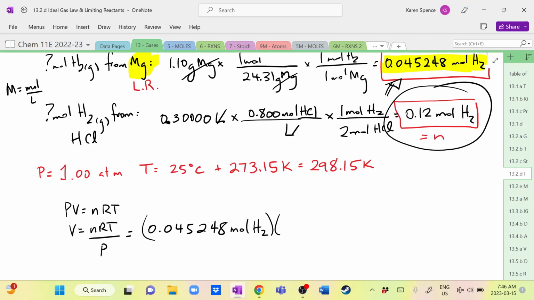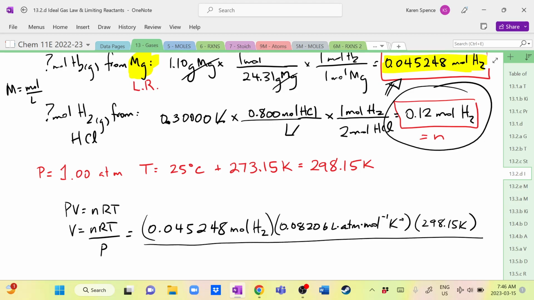And then R is 0.08206 liter atmosphere per mole Kelvin, and temperature is 298.15 Kelvin, over pressure is 1.00 atmospheres.